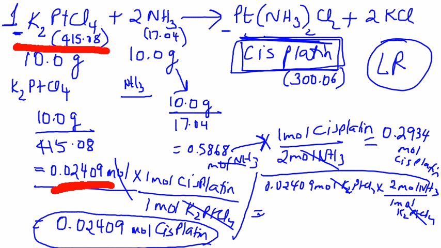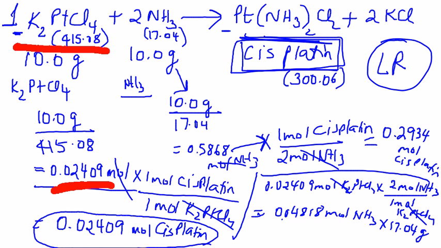So basically 0.04818 moles of ammonia will be consumed. If you want to convert the moles of ammonia to grams of ammonia, you simply multiply by the molar mass, which is 17.04. That's what's given to you.